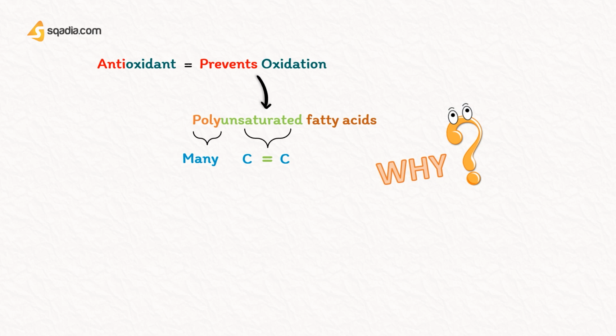These unsaturated fatty acids, if they get oxidized, which means addition of oxygen by breakage of double bonds, leads to production of reactive oxygen species. These reactive oxygen species then damage cell membranes, which are lipid in nature.